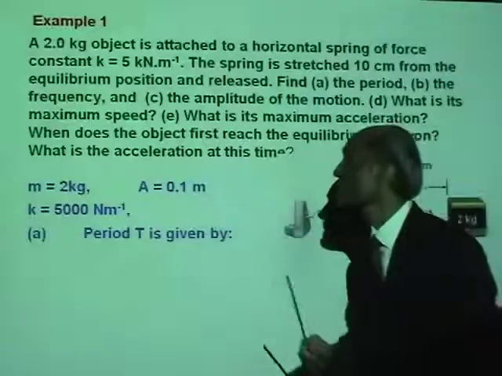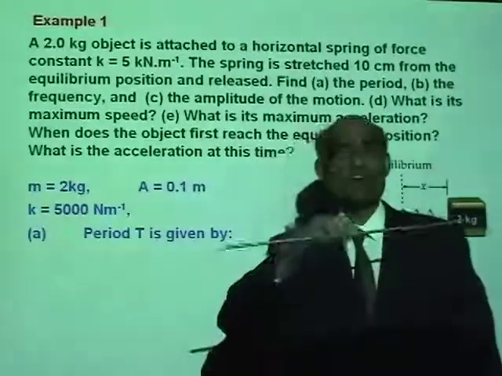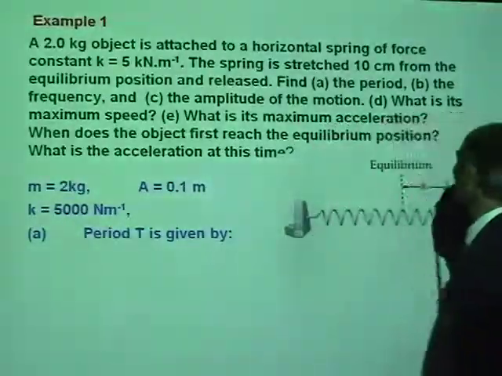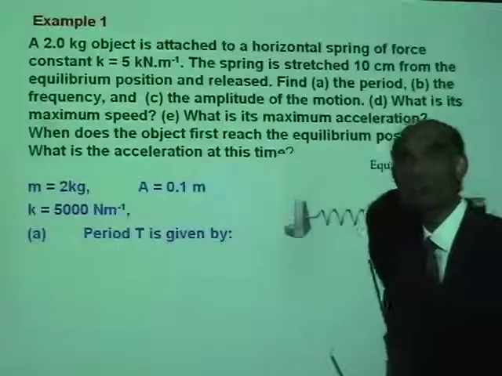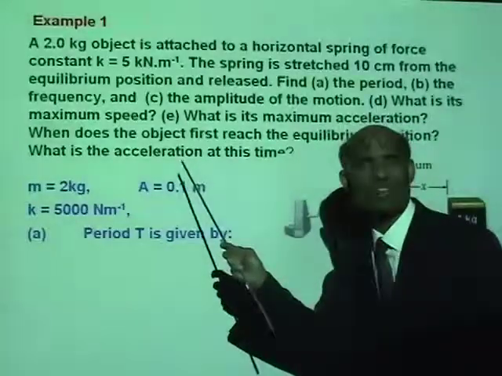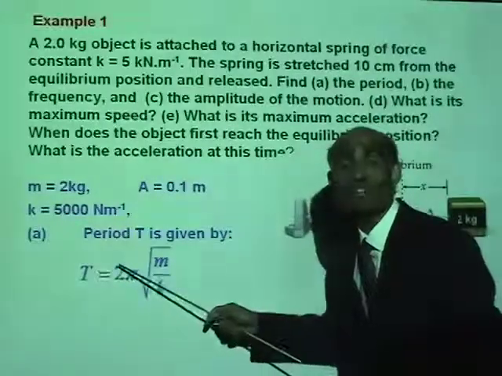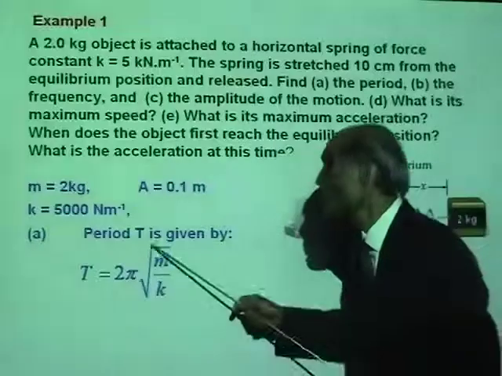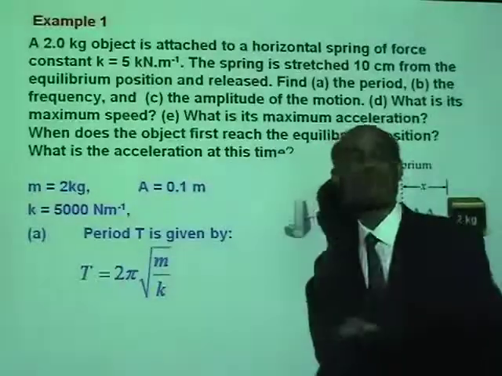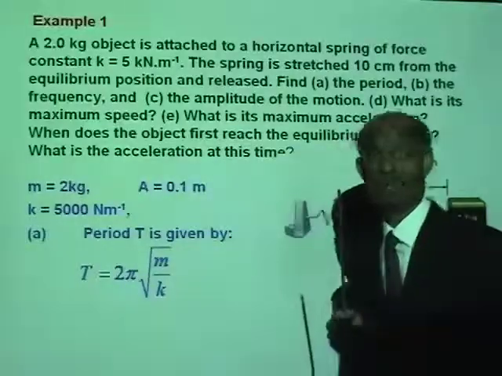Alright. Period T, what is the equation for the period of oscillation of a spring like this? Do you recall that equation for the period? I don't think I put that equation earlier on. Period T of oscillation is 2 pi square root of m over k. Add this equation along with the other equations.